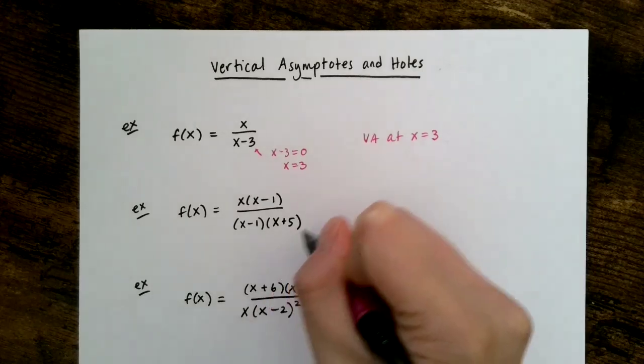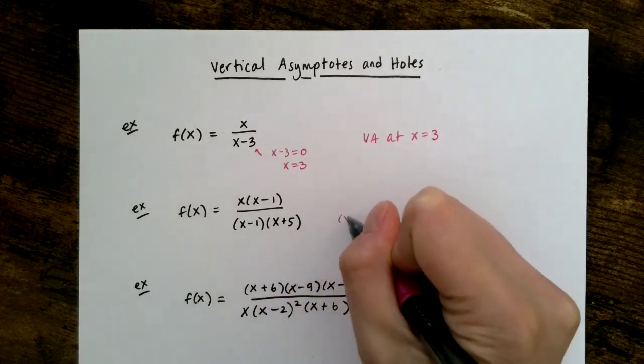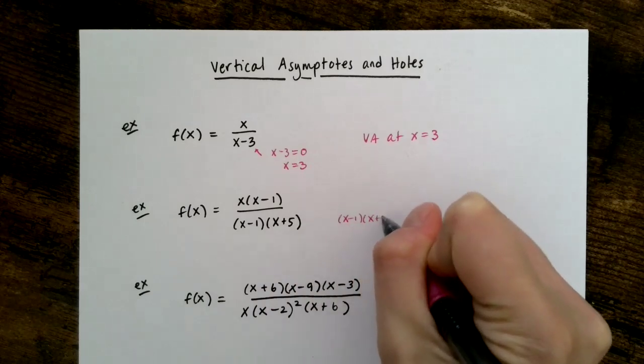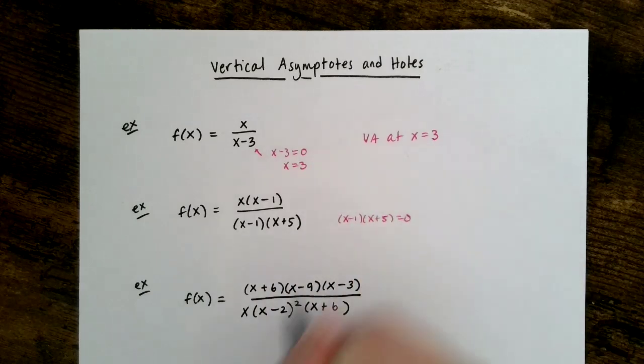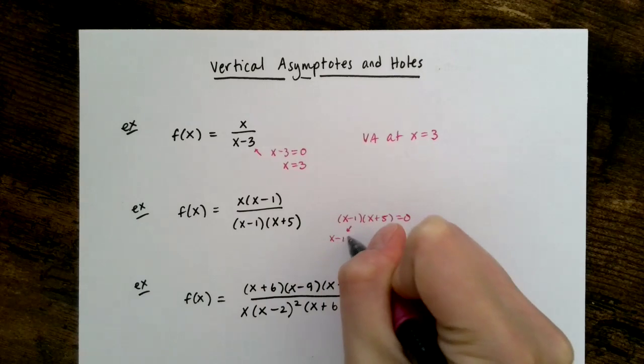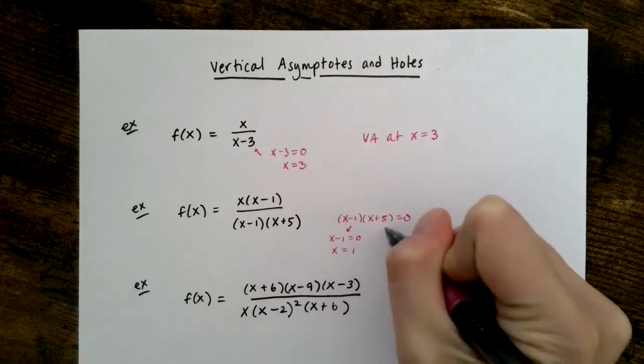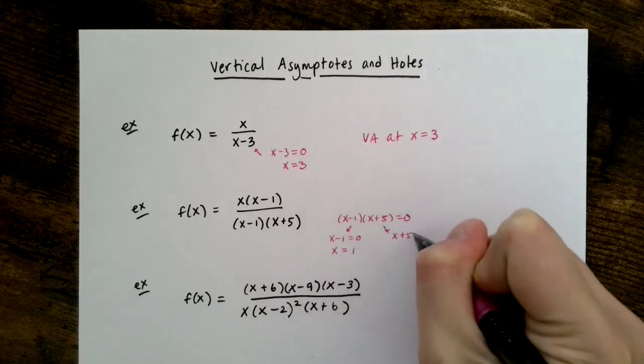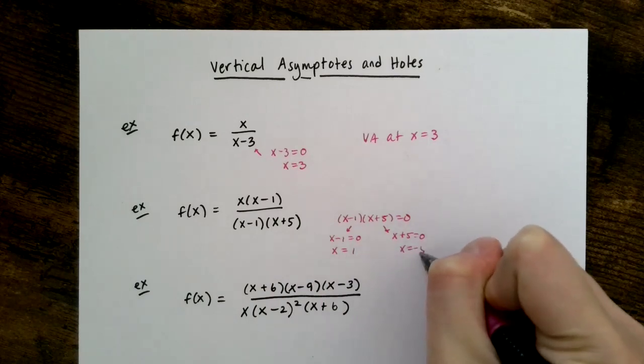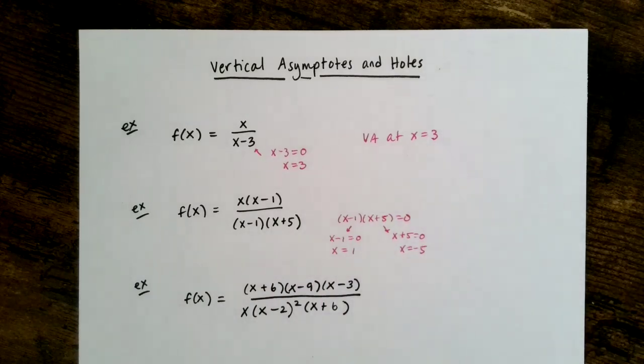So first we notice that if we set this denominator equal to 0, we can have individual parts set equal to 0, and we get two solutions. We get that x equals +1 and -5 are domain restrictions for this function, but one of them is a vertical asymptote and one of them is a hole.